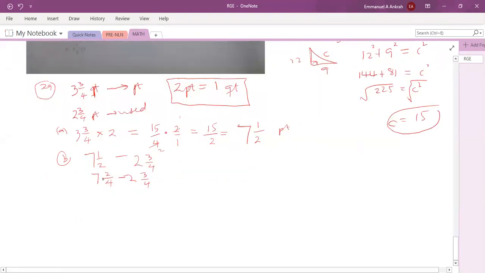Since this is a smaller fraction, I borrow 1 from 7, so I have 6 whole numbers left, and the 1 I borrowed is 4 out of 4. Adding the 4 to the 2 gives 6/4 minus 2/3. Now I can subtract. The answer will be 4/3 pints. That's how much is left.